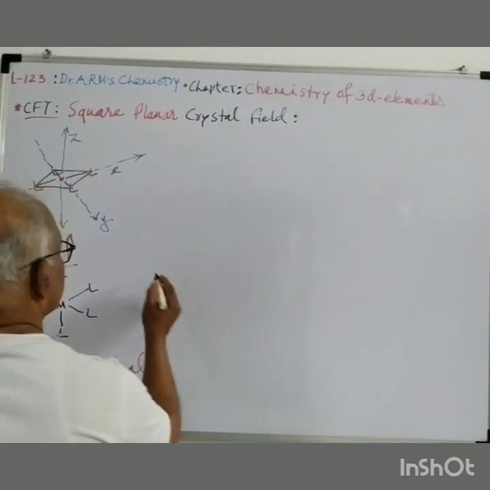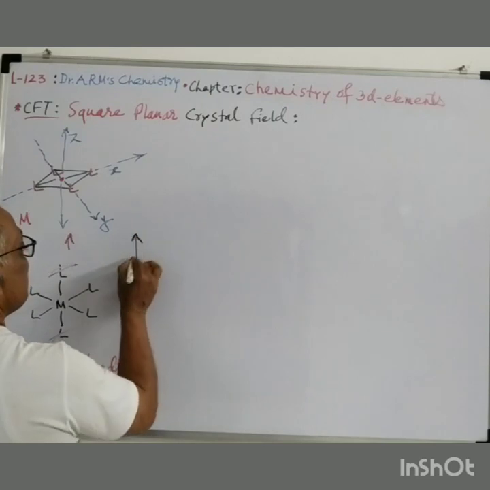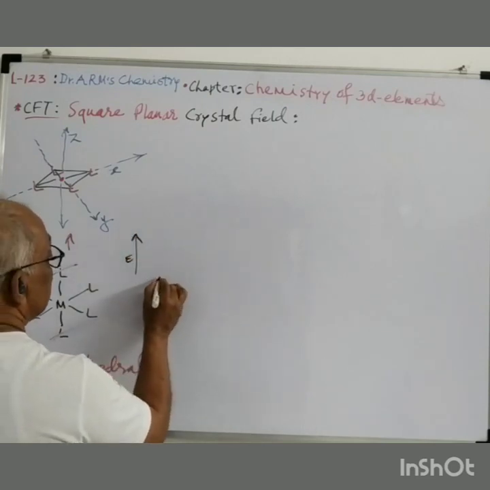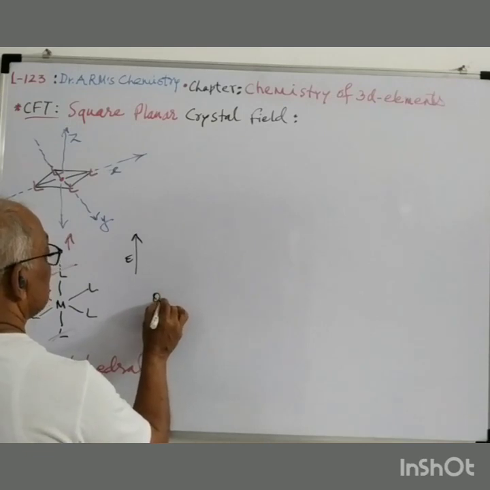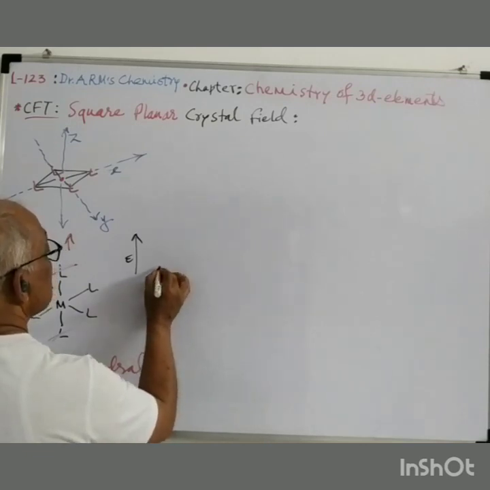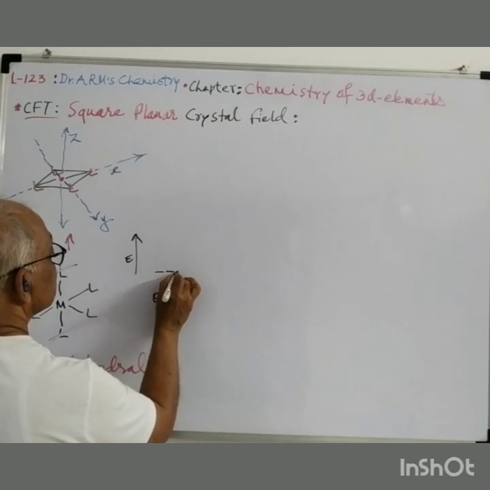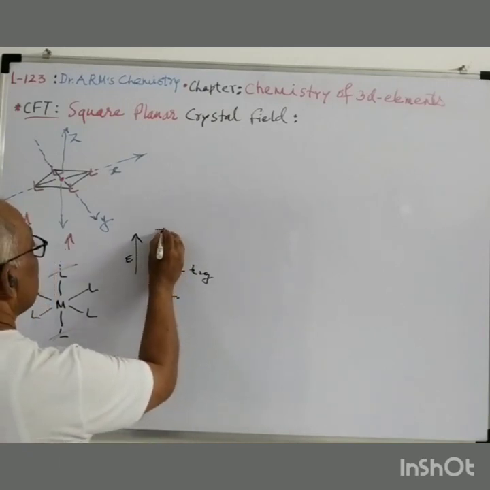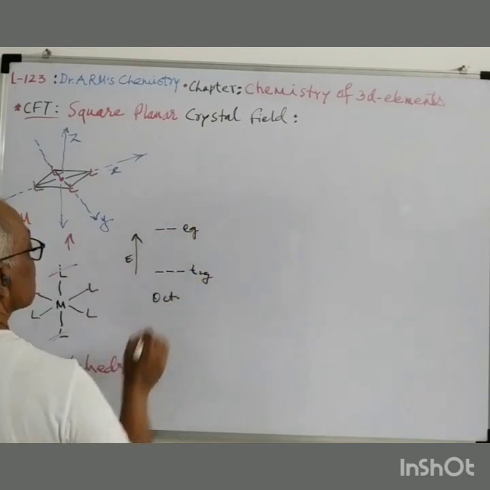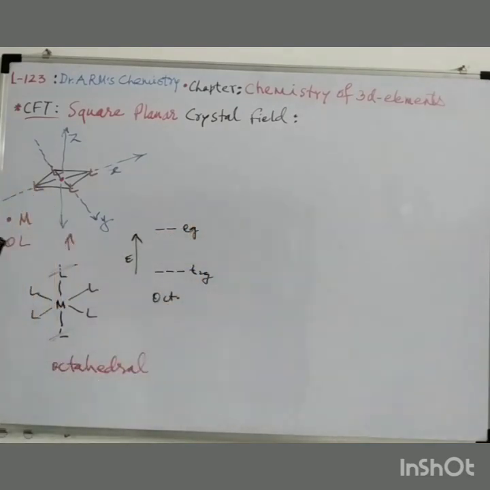Now if we see the structure, say this is the energy axis, and in case of this octahedral structure, you will find that the t2g orbitals are low lying, whereas the eg orbitals are high energy.